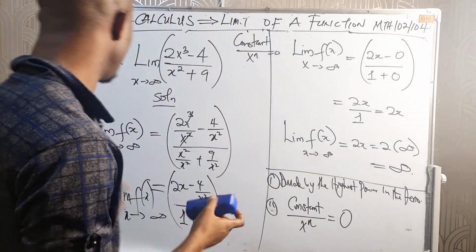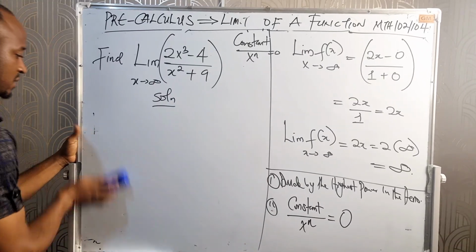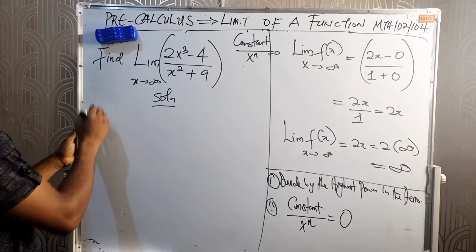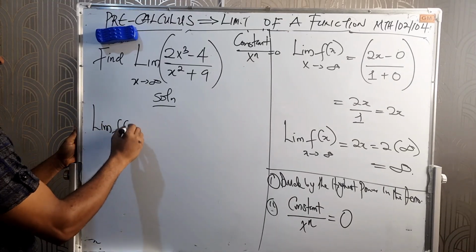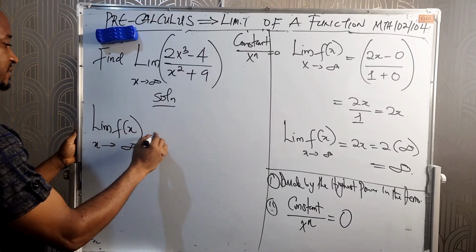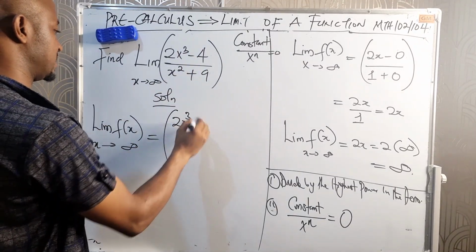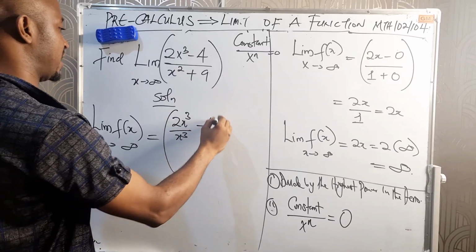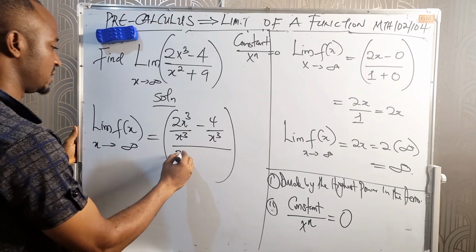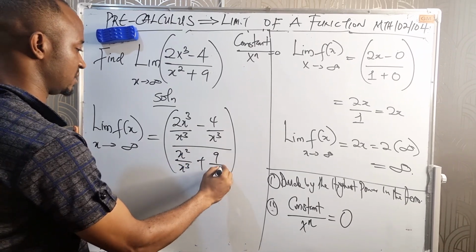Let me tell you what they do, so we can have appropriate knowledge. Look at this. Limit of f of x as x approaches infinity. The highest power we know is 3. That will give us 2x cubed over x cubed, minus 4 over x cubed, over x cubed over x cubed plus 9 over x cubed.